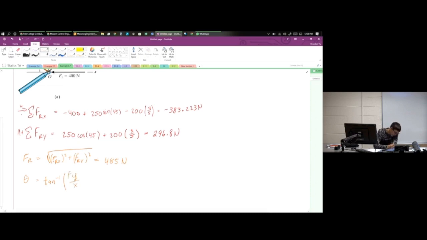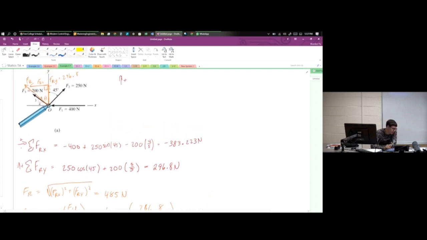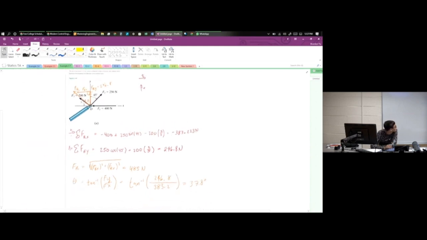So you can say Fy over Fx. You plug that in, you're going to get tangent negative 1 of 296.8 over 383.2, right? And then you are going to have 37.8 degrees, right? So that's going to give you your theta value.